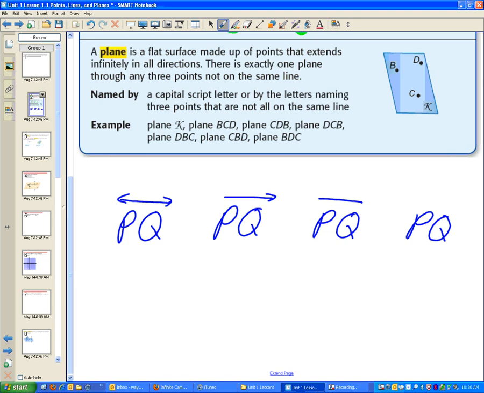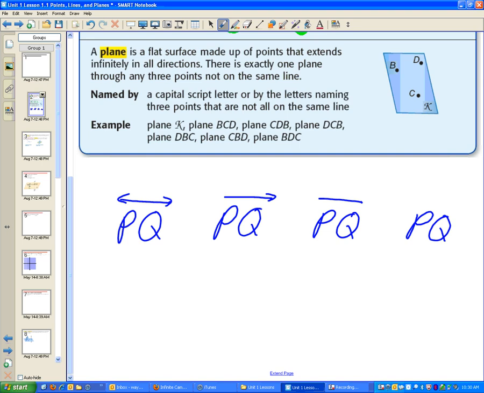Now, when we're talking verbally, I'm lenient on saying line instead of segment, because when we're talking to each other in the context of a problem, and I say, now look at PQ, if the problem's talking about the segment PQ, you'll know I mean segment. If the problem's talking about line PQ, you'll know I mean line.